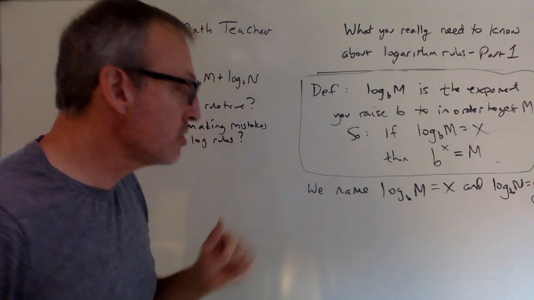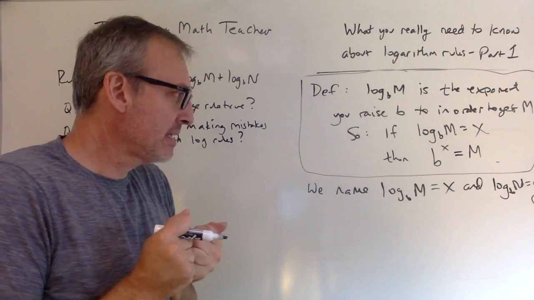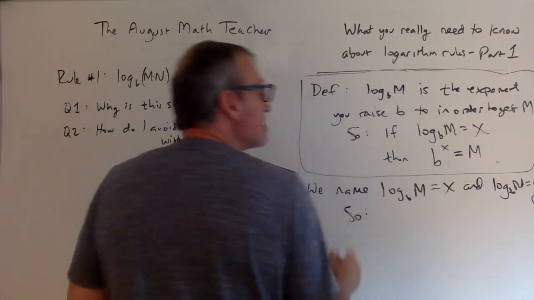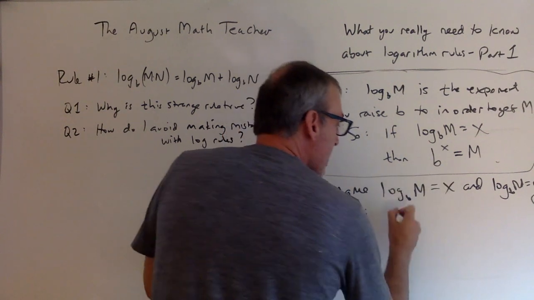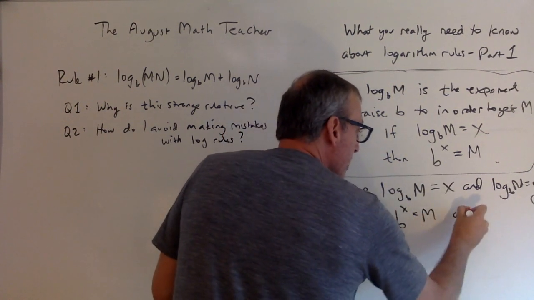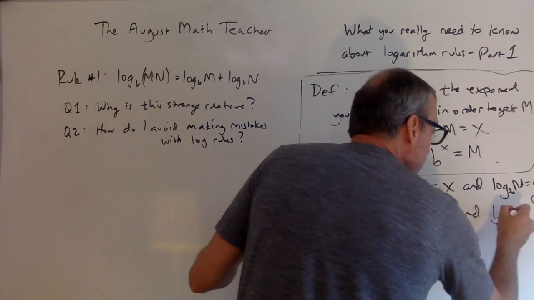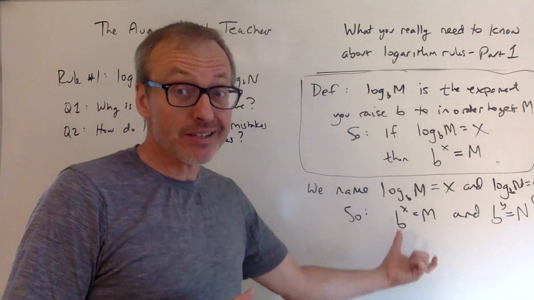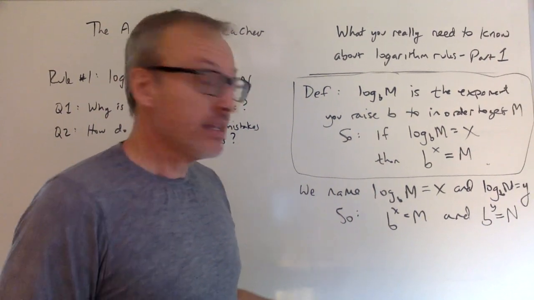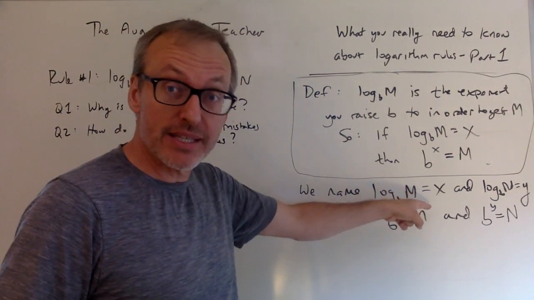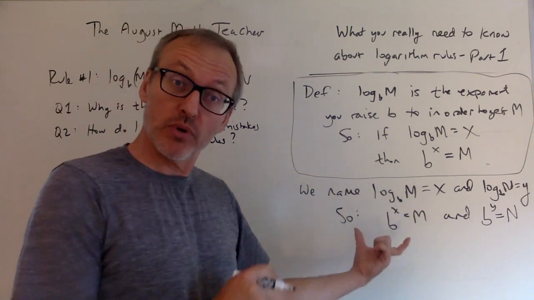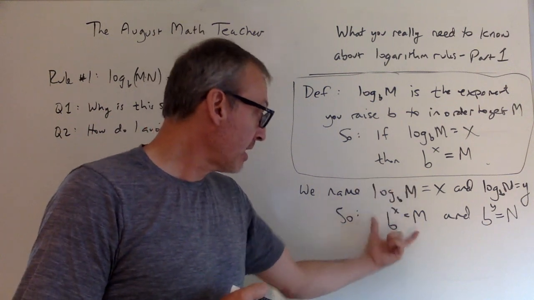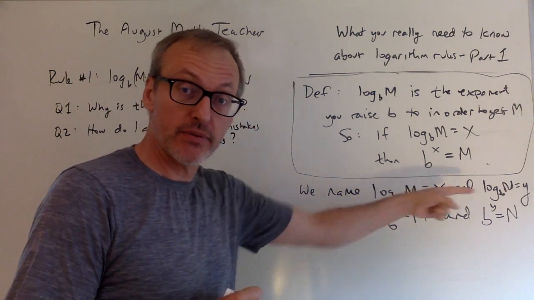So these are just two new variables that I'm putting in. They're just names. But I want you to understand that from this definition, that means that we can rewrite this as b to the x equals m, and we can rewrite this as b to the y is equal to n. These look fancy, but they're just restatements of what these things say.